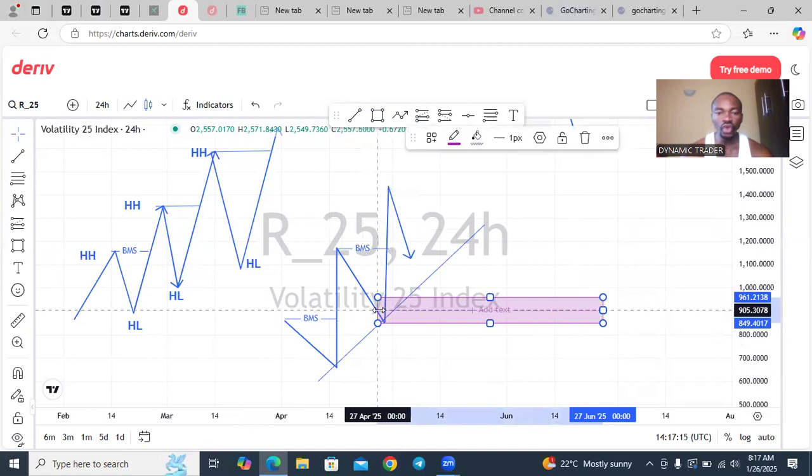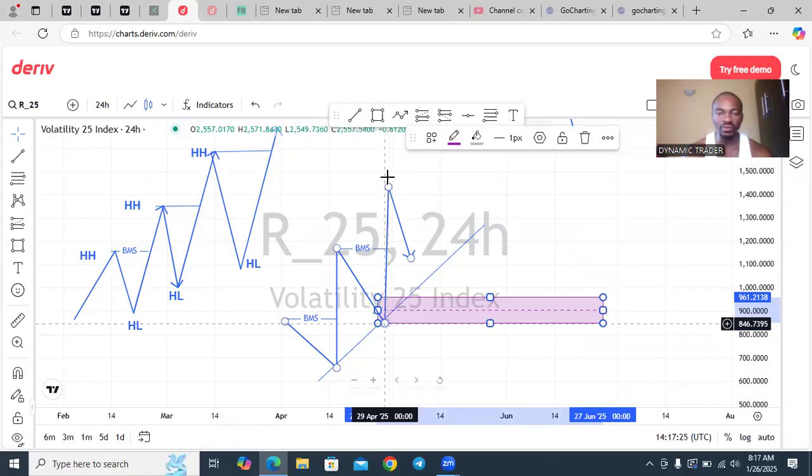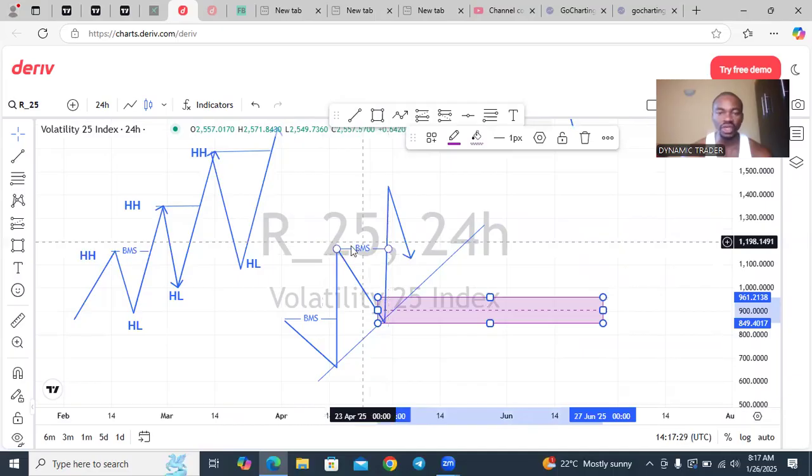Then applying SMC, you mark out the last, in this case, you call it demand zone, or the last red candle before this impulsive move to the upside. And this movement can be seen as an institutional candle because it went impulsively to the upside, breaking the previous swing high, causing what we call break of market structure.